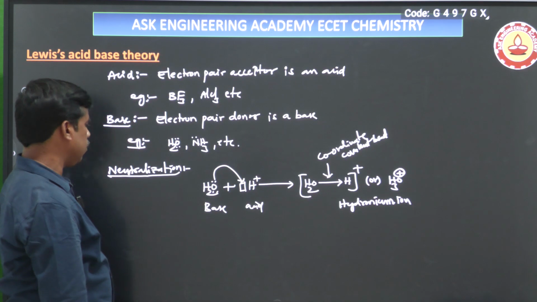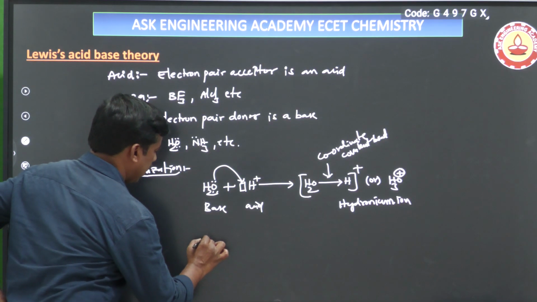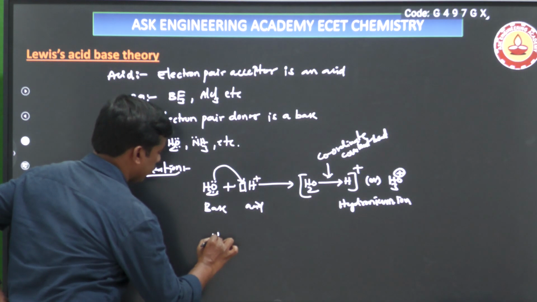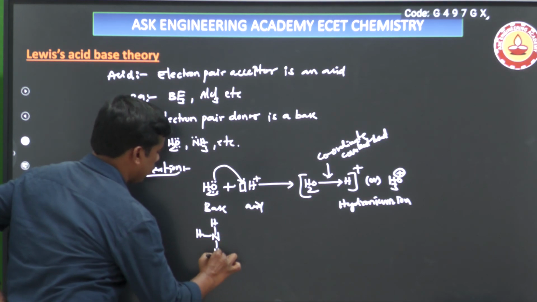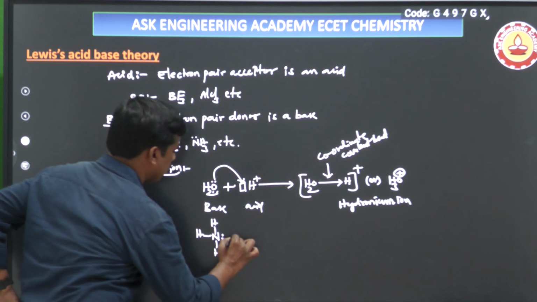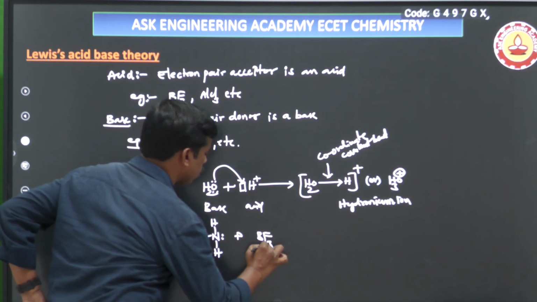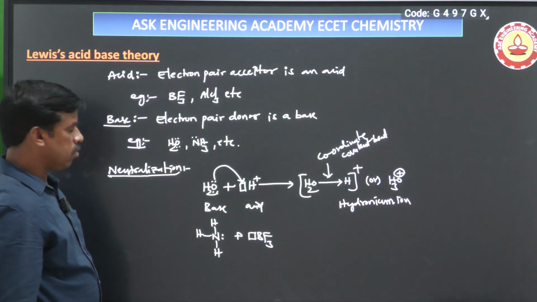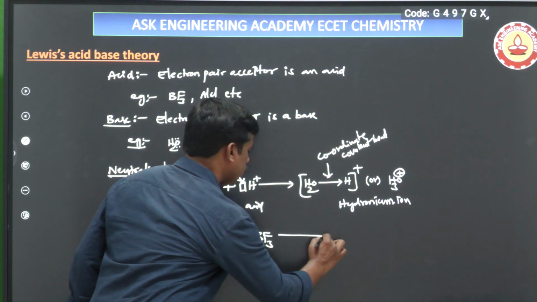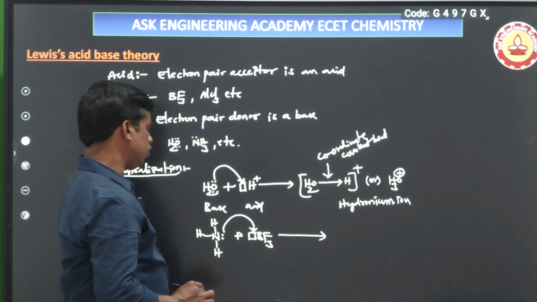This is neutralization. And one more example you can write here: NH3. NH3, ammonia, has one lone pair, and it can combine with boron trifluoride. Boron trifluoride has one empty p orbital. This lone pair is going to transfer to this empty orbital.